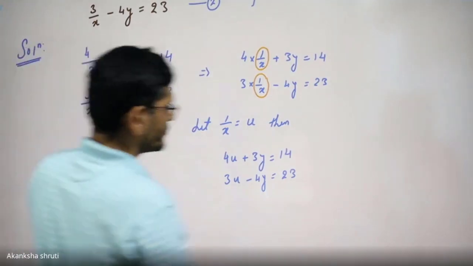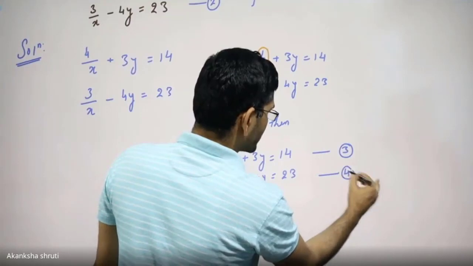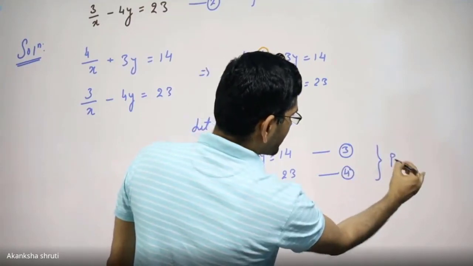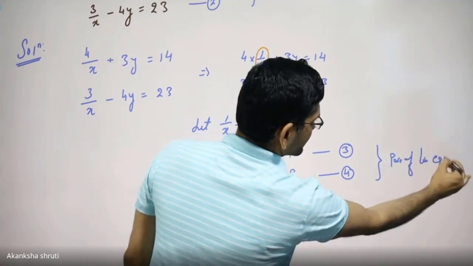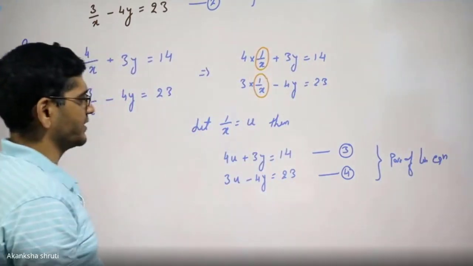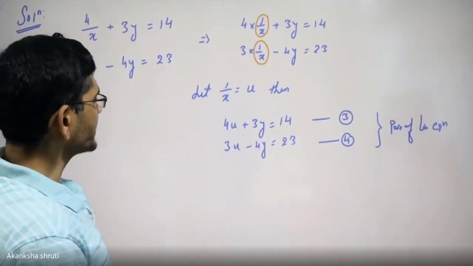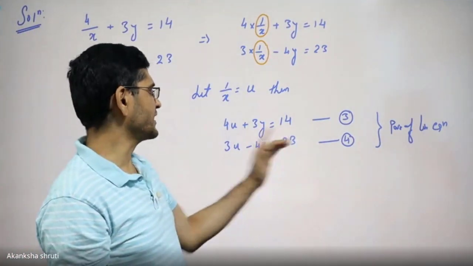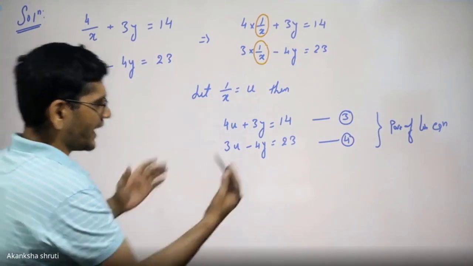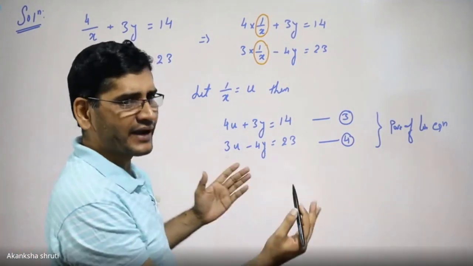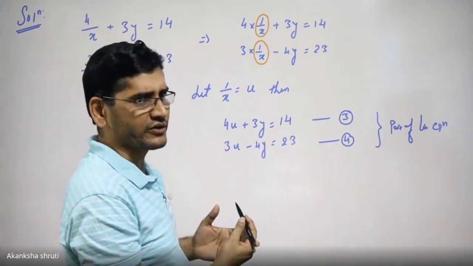Now we have these two equations, third and fourth. These two are a pair of linear equations. Now the method of finding the variable can be applied here. This pair of linear equations gives the values of u and y. Any of the methods can be applied: elimination, cross multiplication, or substitution.